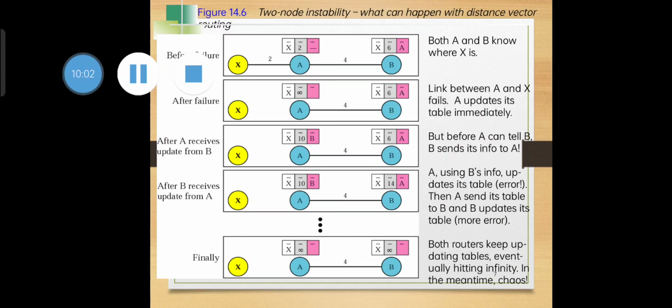Here itself, what about if any node fails? What will happen before failure, and what will happen after failure? As I said earlier, the update occurs in two ways: the periodic update, and if there is any change in the network.